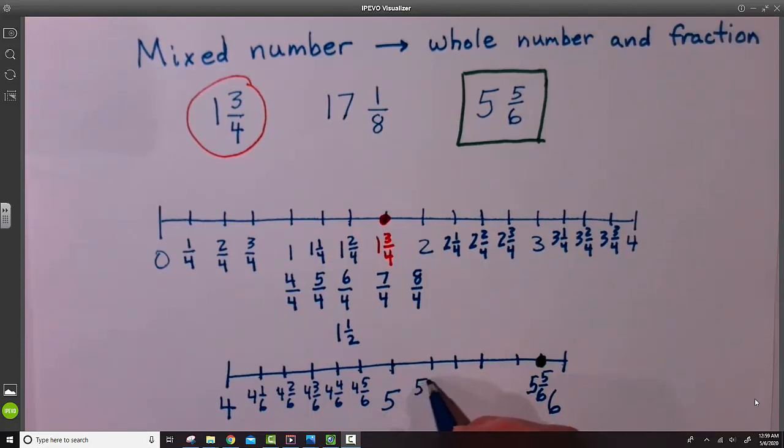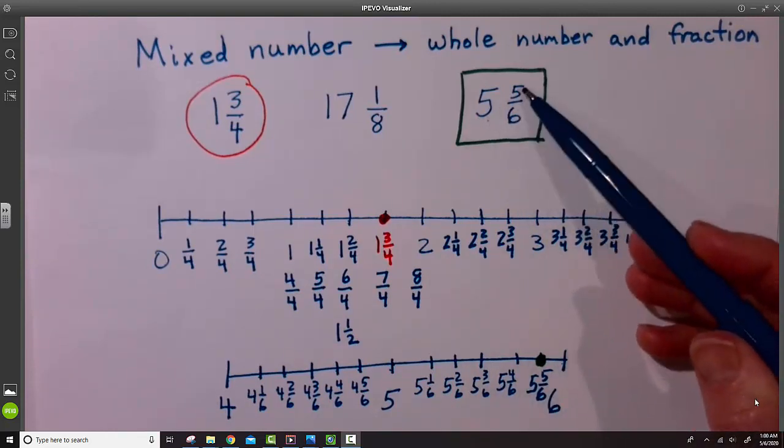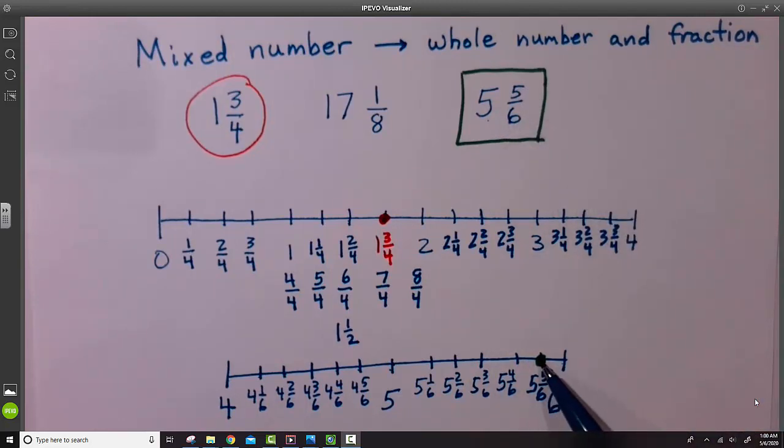And now 5 1/6, 5 2/6, 5 3/6, 5 4/6, 5 5/6, 6. So again, 5 5/6, the location on the number line is 5 5/6. We're in between the whole numbers of 5 and 6, and our parts are divided equally into 6. So 5 5/6 is located on the number line at this point.